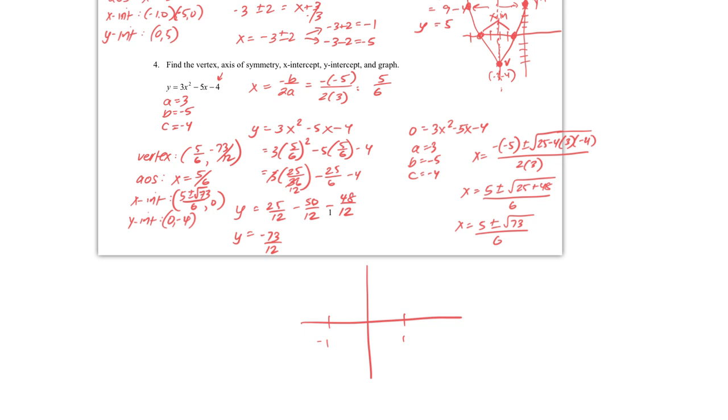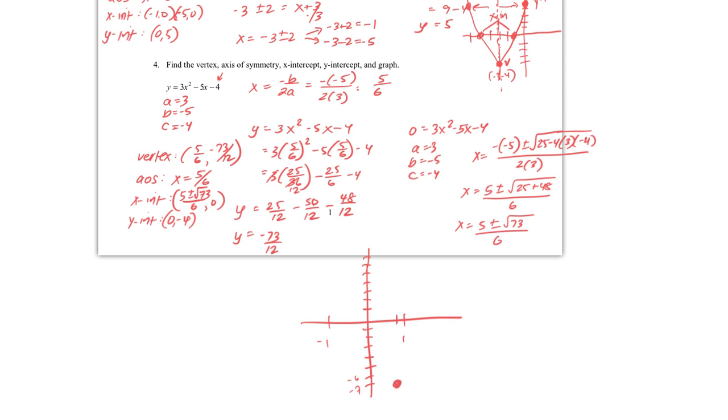So I'll make the y-axis a little smaller. Okay, so if this is -6 and this is -7, then I know 5/6 is about there, and the vertex will be around here.